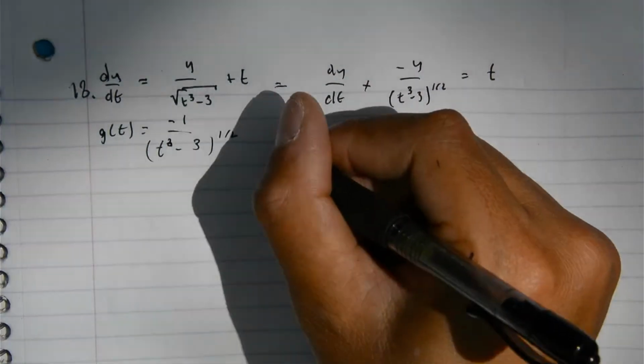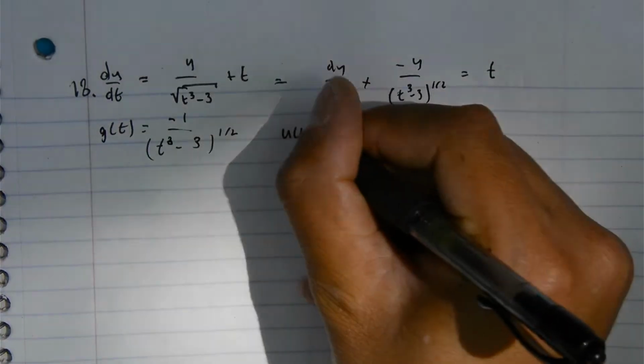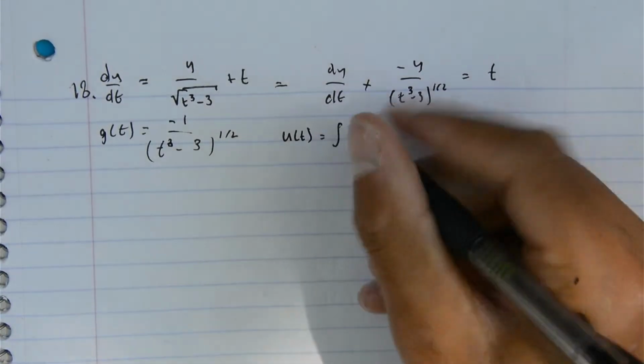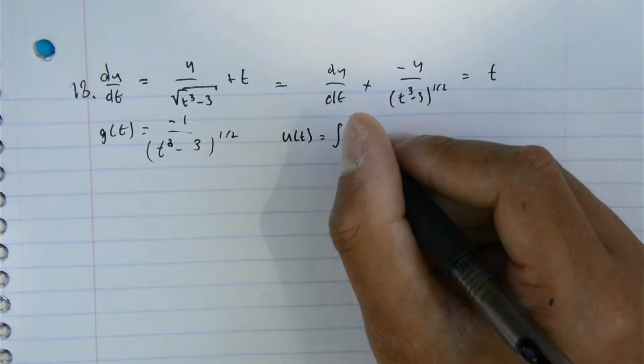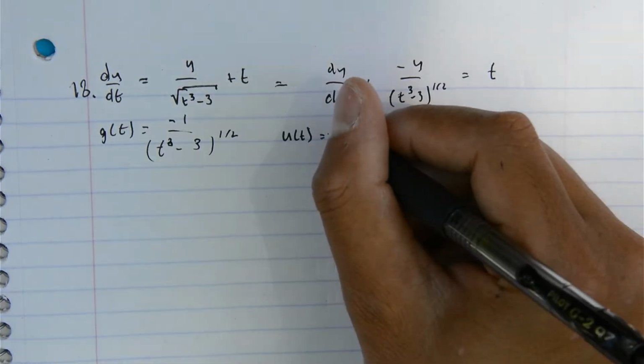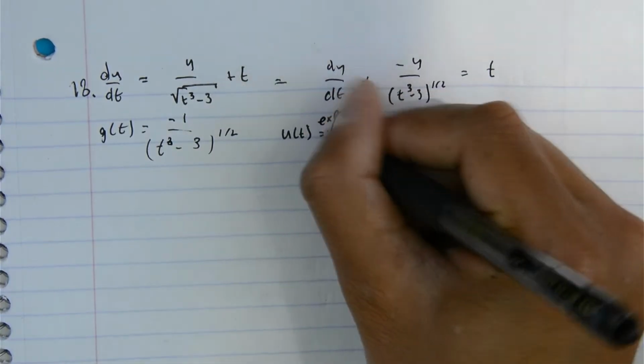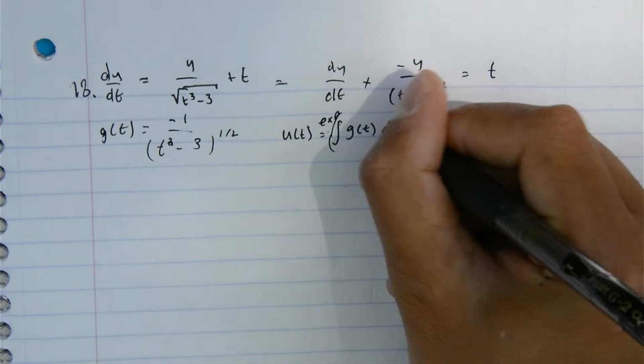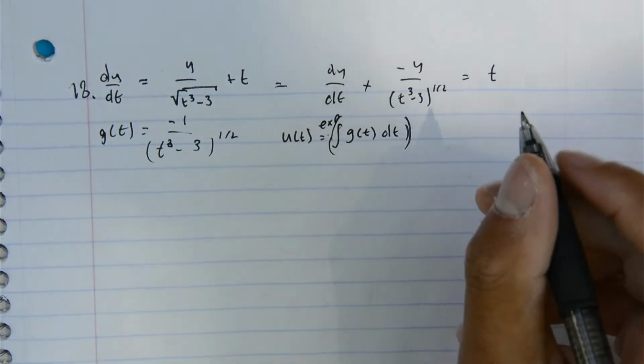I guess you would just say that u of t is equal to the integral of g of t, or x of the integral of g dt. Okay.